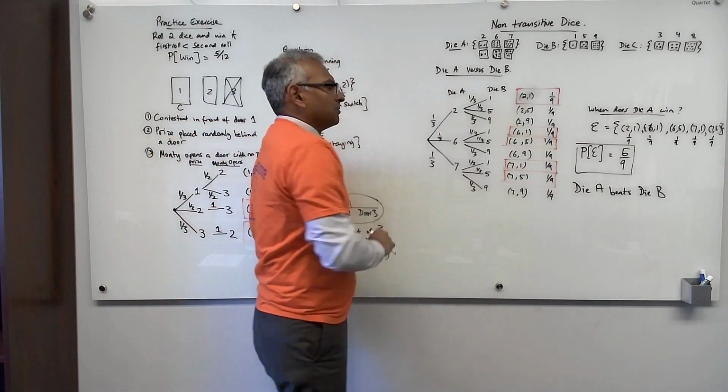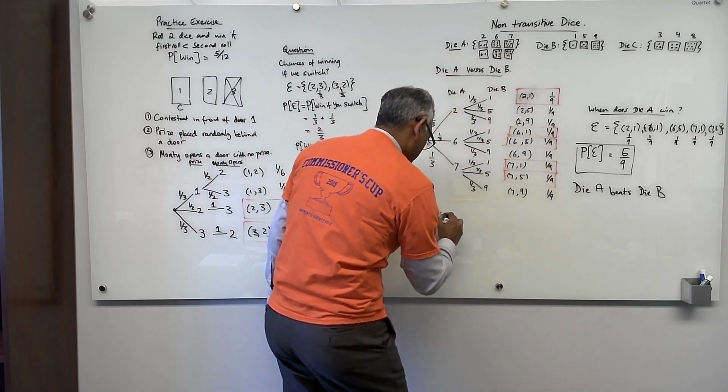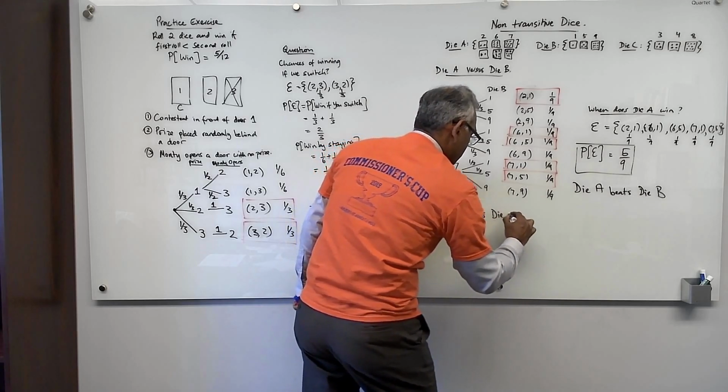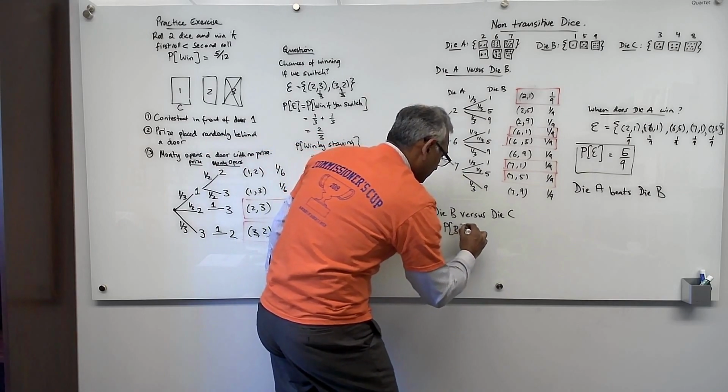Okay, so now I'm going to give you more practice. Do the battle between die B versus die C. What's the probability that B wins?